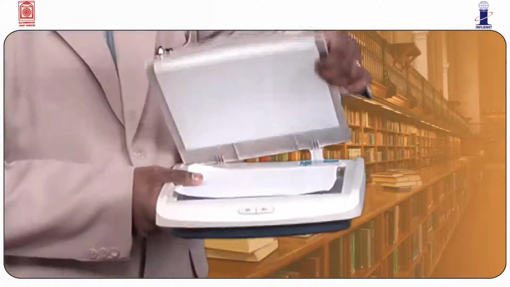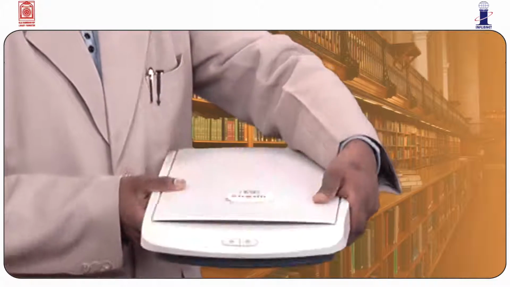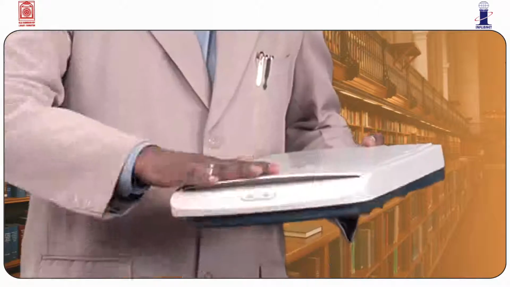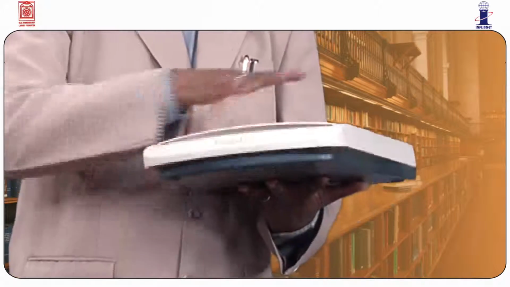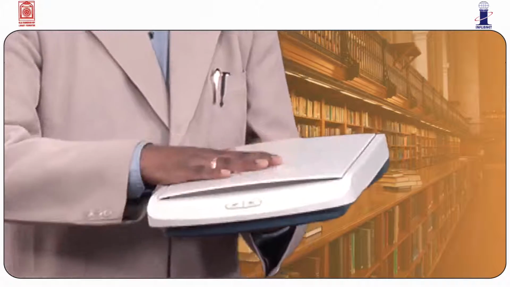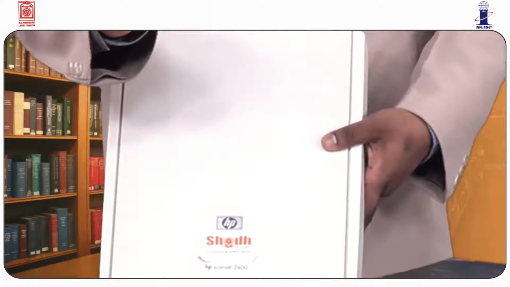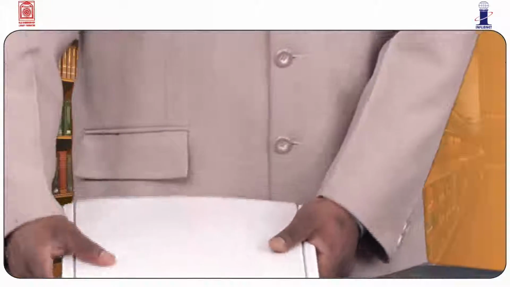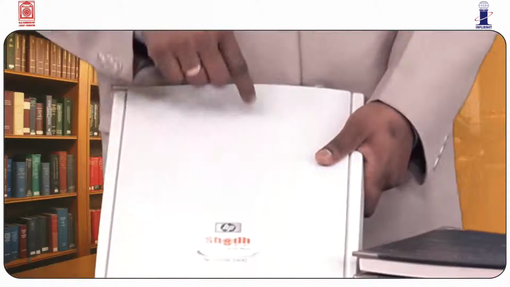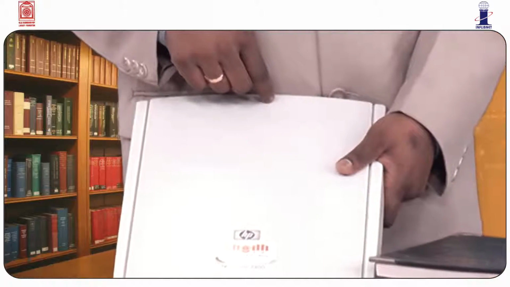Now I close this so that no light will come in, and I connect it, very simple. It is called flatbed because the paper is put as if lying on a bed, and then closed. Then use the software to scan, and it will pass light from one end to the other, and this may take maybe 30 seconds or 1 minute.